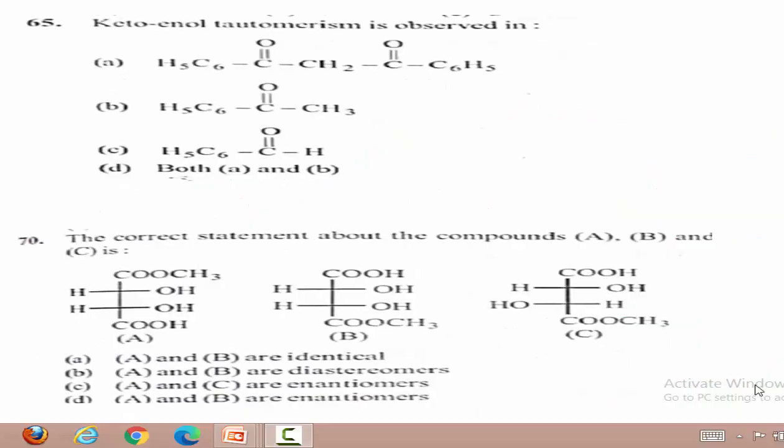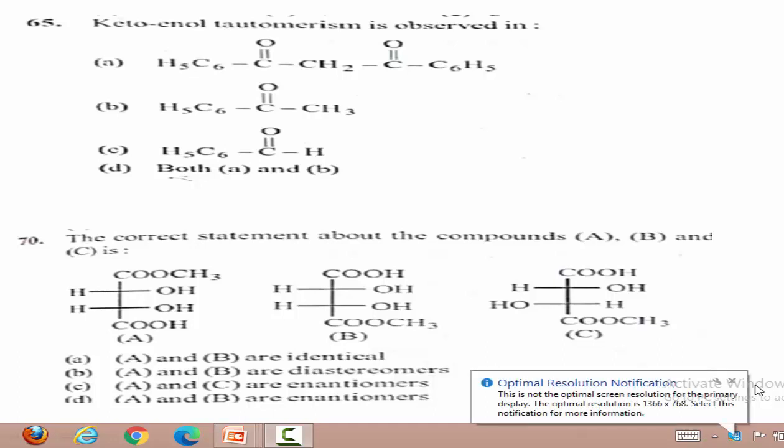Next, question number 65. Keto-enol tautomerism is observed in. Students, when you come to the point of keto-enol tautomerism, it is very important to know which type of compound shows keto-enol tautomerism. Keto-enol tautomerism is shown by carbonyl compounds having an alpha hydrogen atom. This is very important.